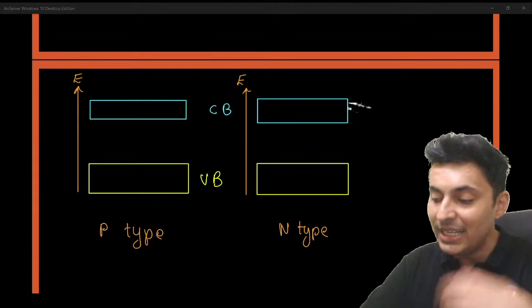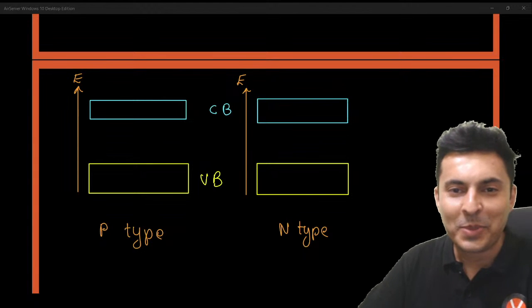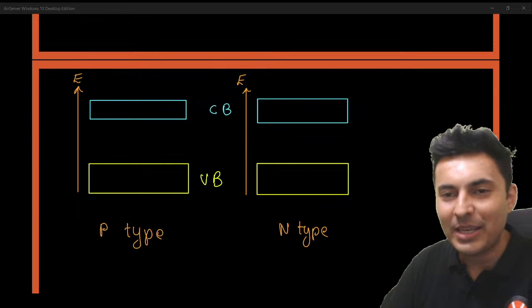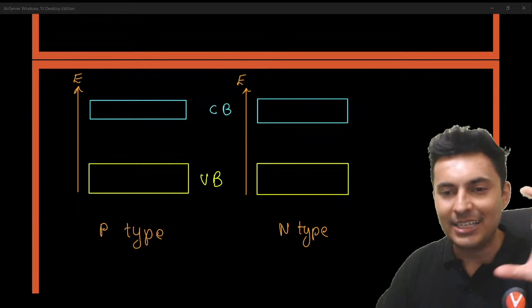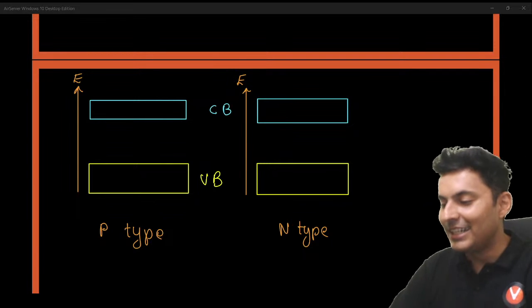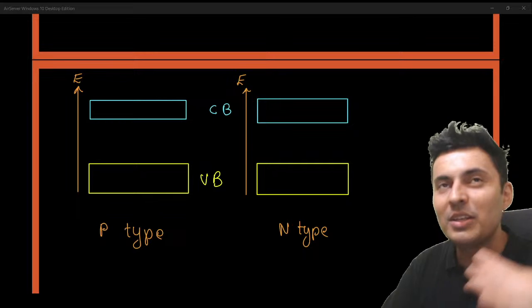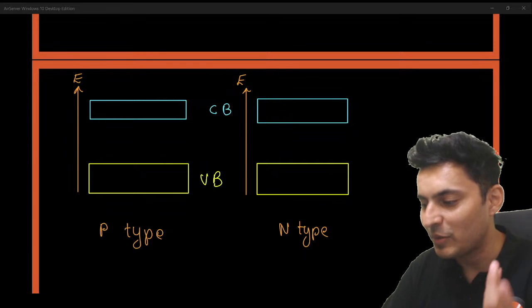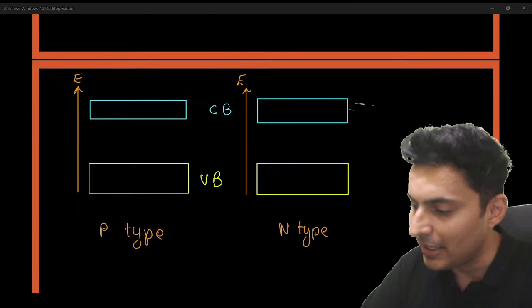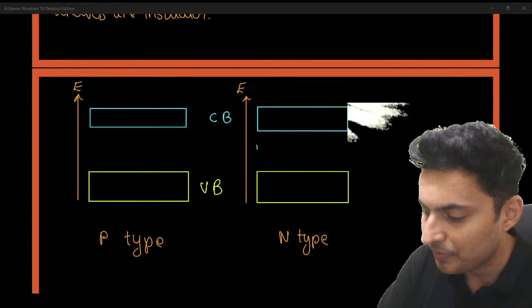In case of a p-type semiconductor, you will see that there will be an extra vacant energy level, because P means holes. So you will see an extra vacant level right over here, something like this.